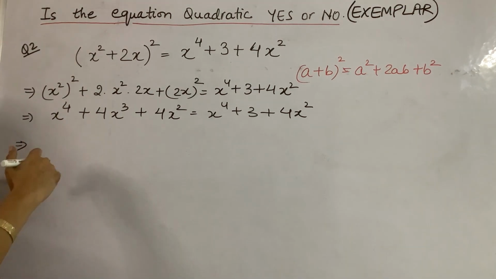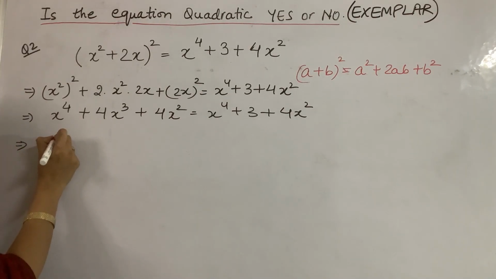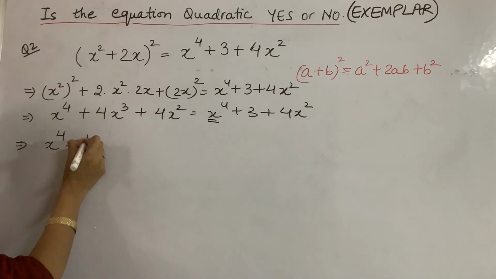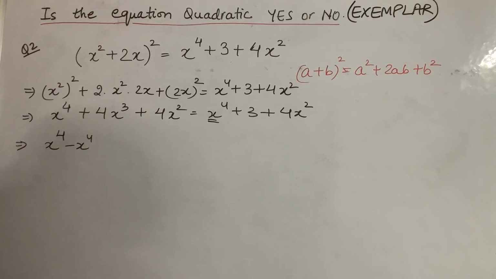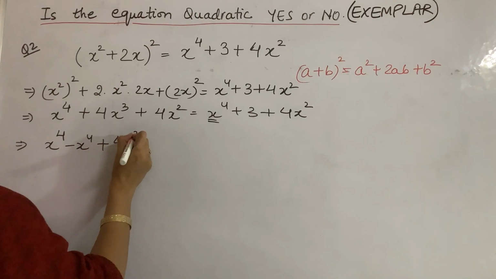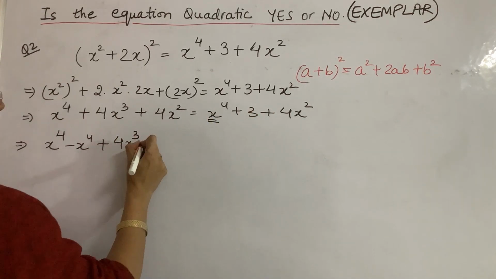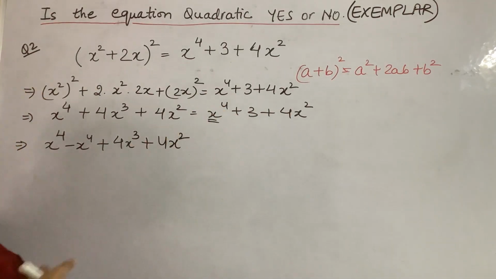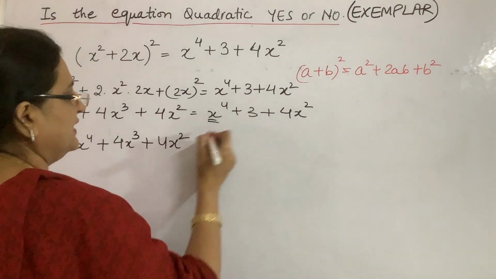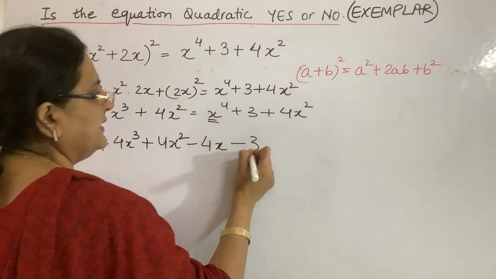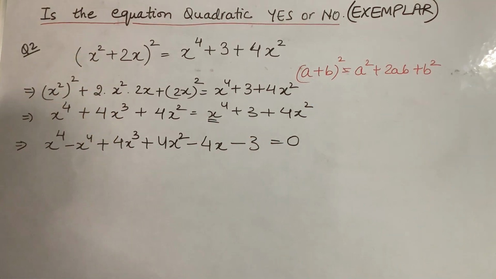Now transpose all the terms to the left hand side. This is x to the power 4 here, x to the power 4 here. Sign changes when you come this side. So it is minus, plus 4x cube here, no x cube here, plus 4x square. And when we bring this 4x square to the other side, the sign changes. So it was plus here, minus, plus 3 minus 3 is equal to 0.